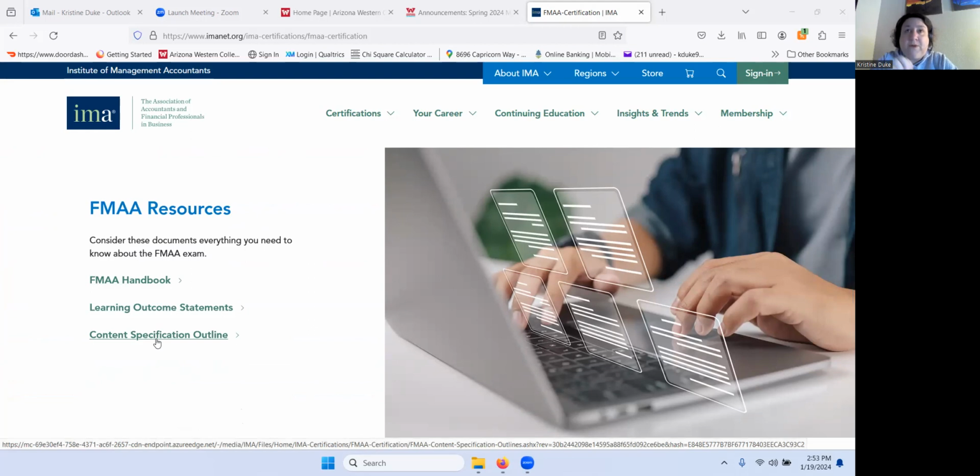I am also going to try to set up an interview with the contact from the Institute of Management Accountants, and I'm going to invite students who are interested in this exam to come in and ask him questions. I'll have specific questions and then students can ask theirs as well. I think this is something really cool. I think it'll be great for our industry. Even if you're not going into accounting, it would still be nice to have to show your competencies.